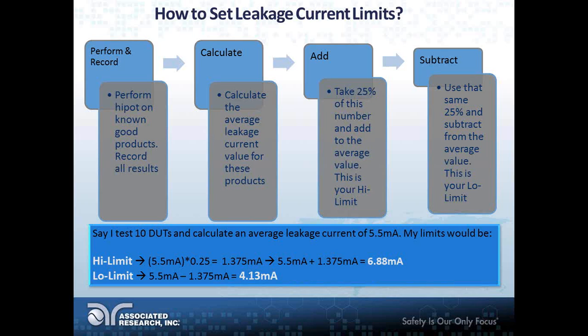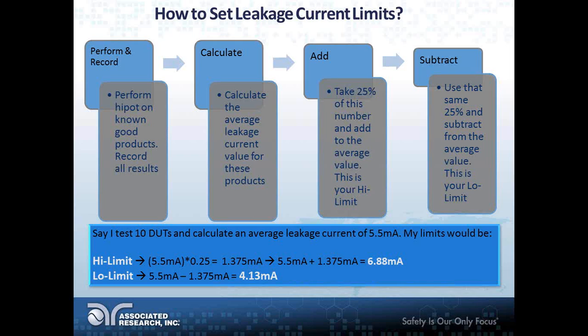So in this case, 6.88 milliamps would be our high limit, and for our low limit we subtract that number from our 5.5 milliamp average value, and 4.13 milliamps would be our low limit. These limits will determine how our Hipot test is going to fail.